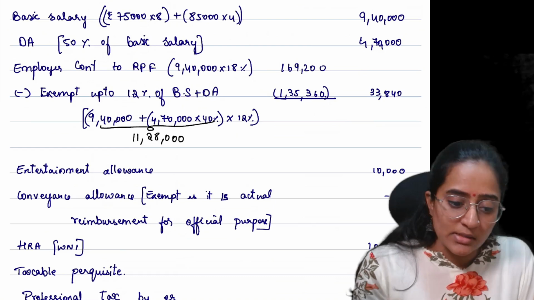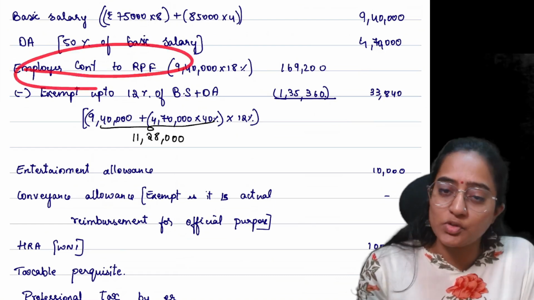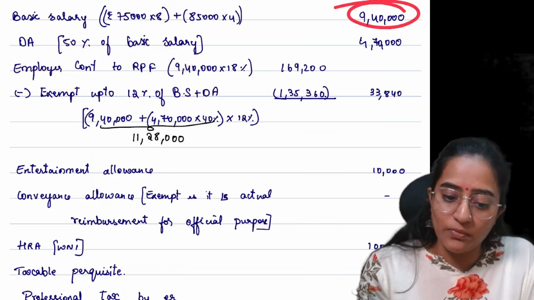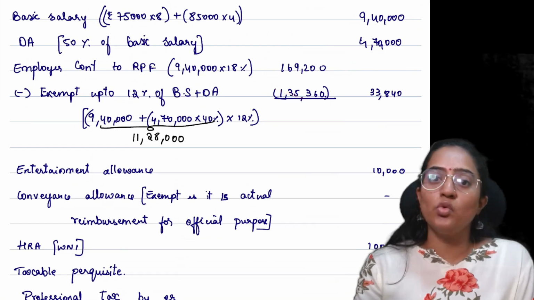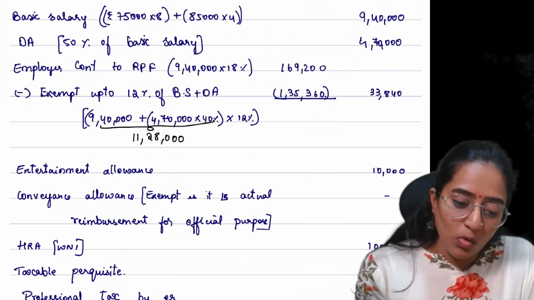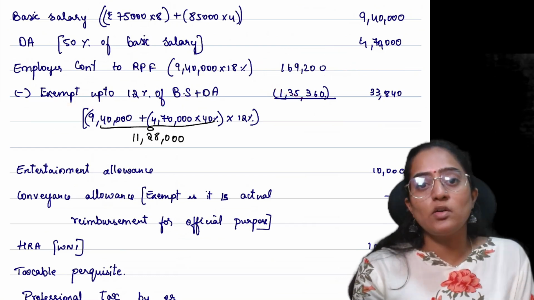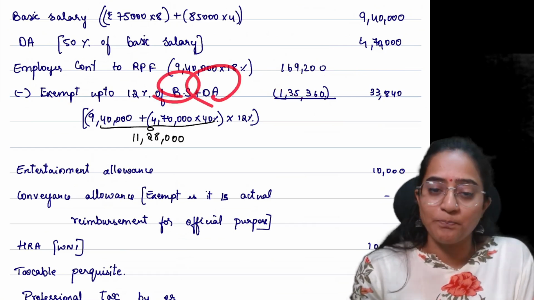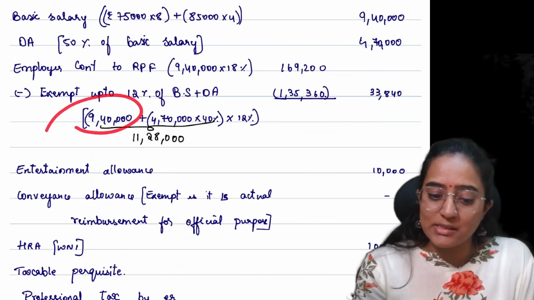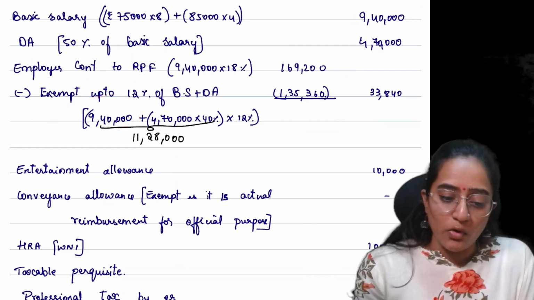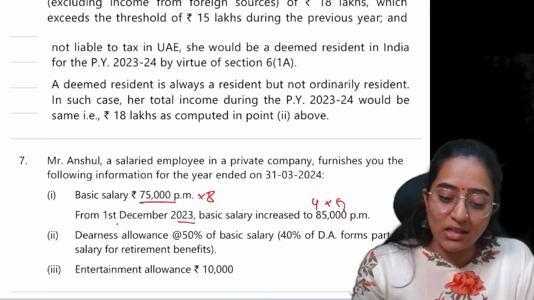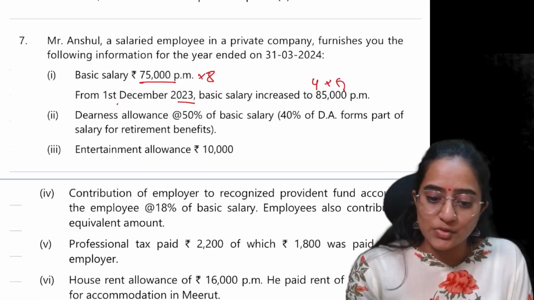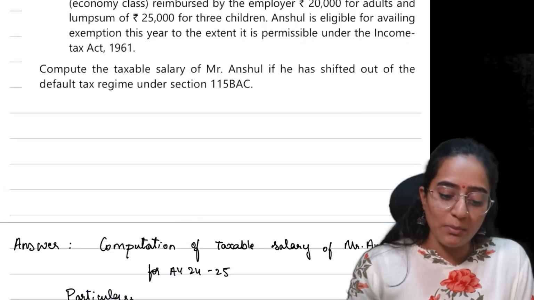Now, see here, employer's contribution to RPF. First of all, 9,40,000 is the basic, and on that this fellow is paying 18%, which is nothing but 1,69,200. What is exempted is up to 12% of the basic plus DA. 9,40,000 rupees is the basic, correct? 4,70,000 rupees is the DA, and 40% of it forms part of retirement benefit.